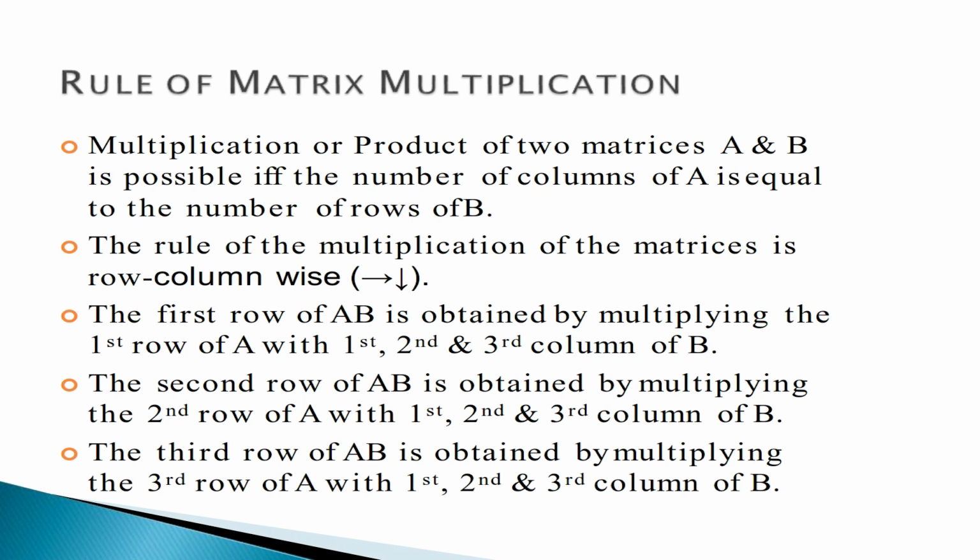The first row of the product matrix AB is obtained by multiplying the first row of A with the first, second and third column of B. Similarly, the second row of the product matrix AB is obtained by multiplying the second row with the first, second, third column of B. Similarly, the third row of the product matrix AB is obtained by multiplying the third row with the first, second, third column of B.